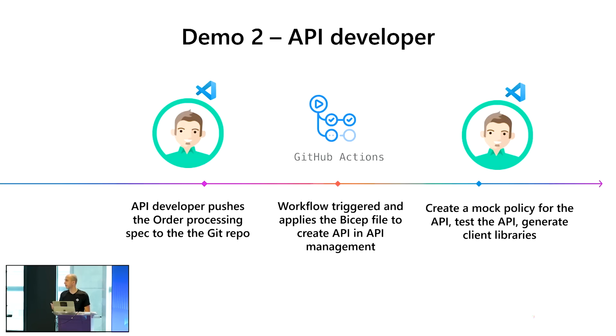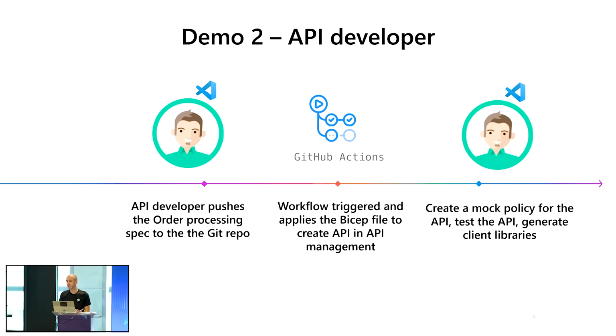Because it has the right version control mechanisms and the right workflow mechanisms to enable different developers to collaborate on the APIs. In this case, I'm using GitHub and GitHub Actions, but we can use other tools as well. It doesn't matter. It's just a workflow.